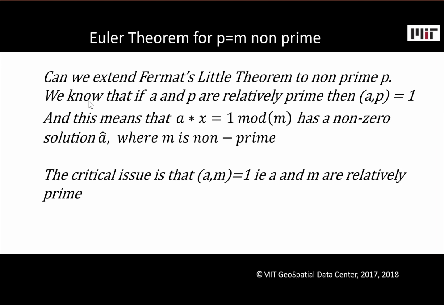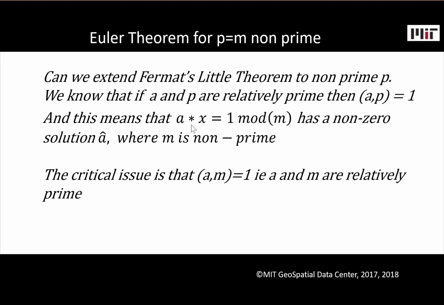Let's see. So the key part that we need to remember in Fermat's proof was that we need a and p to be relatively prime. So a is this number that we're going to raise to a power, and p is the modulus. We're going to take modulus p. So these must be relatively prime. Then there can't be a common factor to them.